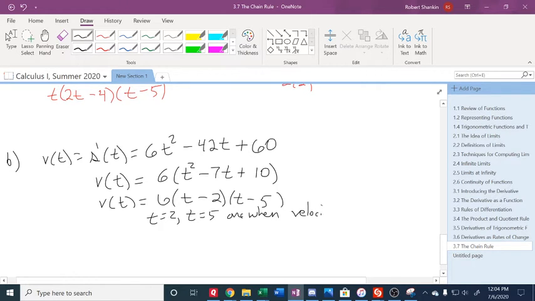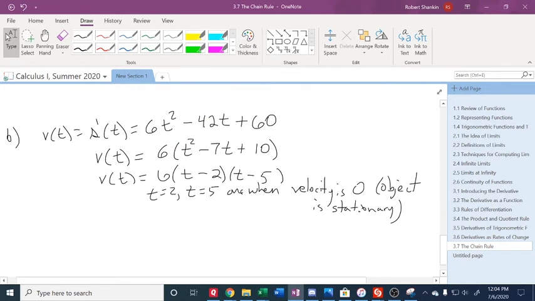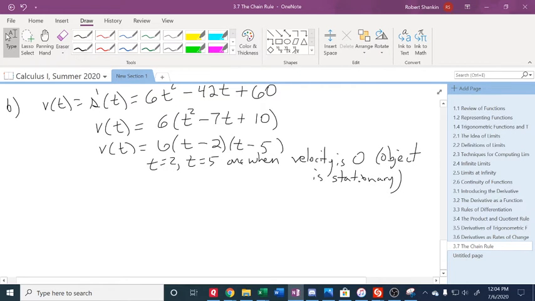Velocity is 0, or the object is stationary. All right, and then we can graph this whole function. Now this is a parabola. Since a is positive, it's an upward parabola, and we know the two x-intercepts at 2 and 5, so this one I can graph.